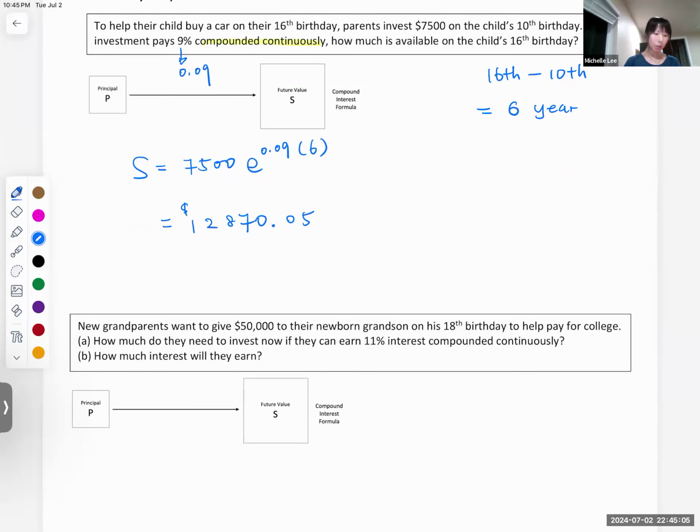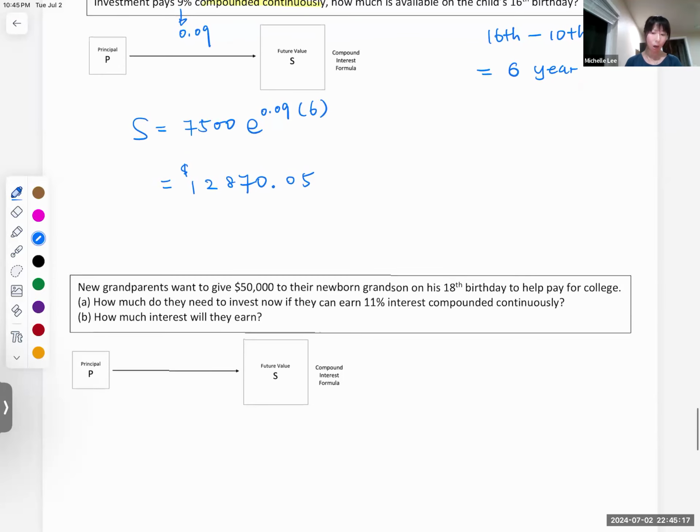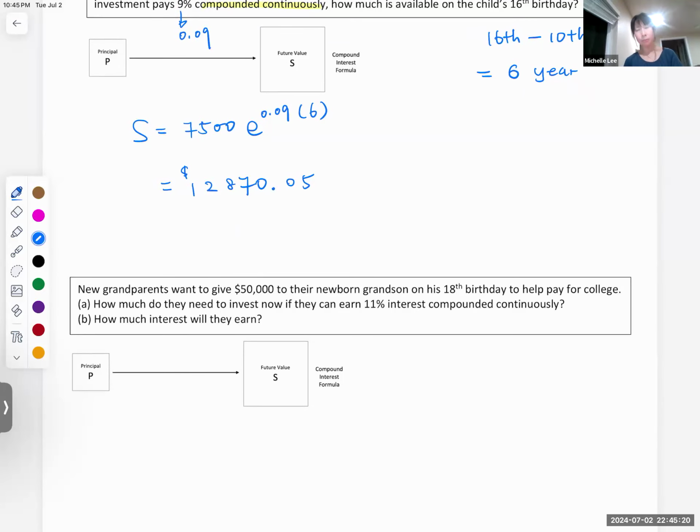New grandparents want to give $50,000 to their newborn grandson on his 18th birthday to help pay for college. Number one, how much do they need to invest now if they can earn 11% interest compounded continuously?